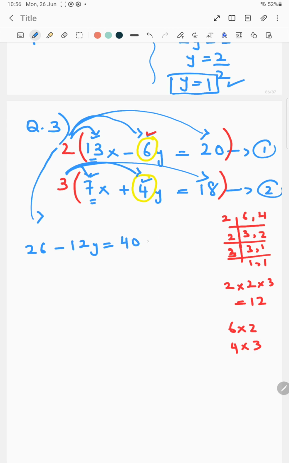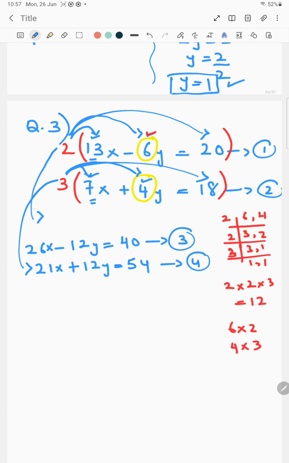Now you can just name it equation number 3. Now the second equation, because now you have to multiply every number with 3, will be 21x plus 3 times 4 is 12y, 18 times 3 is 54. Now this one is equation number 4.